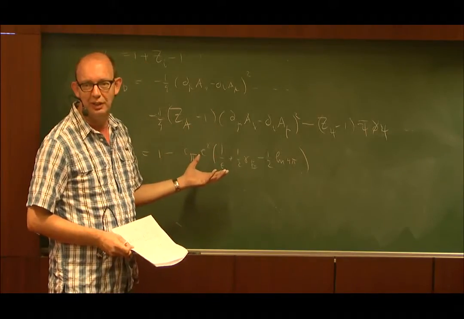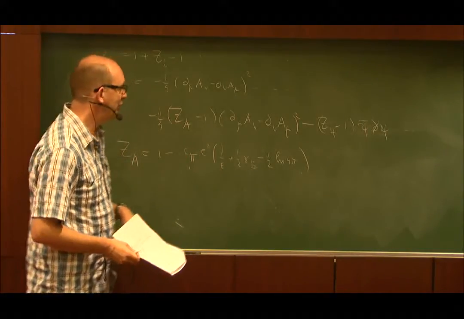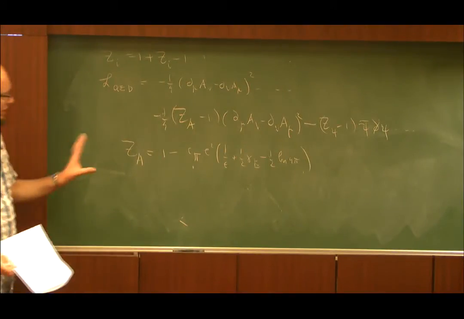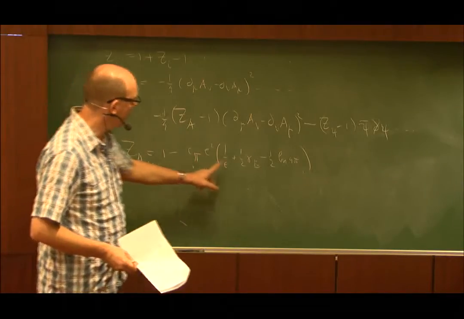That's of course a very, it seems like a triviality. Well, I can cancel anything that way, right? And it certainly seems like that. So I just define Z_A to have minus this divergence.